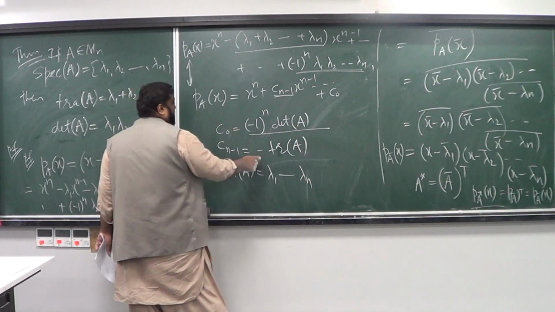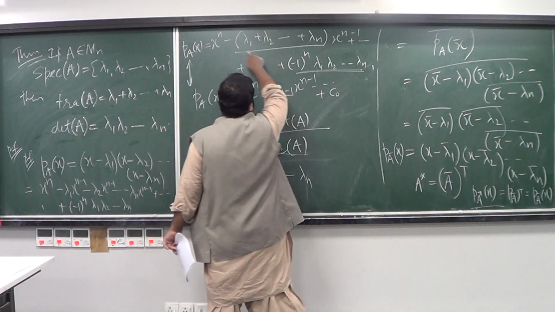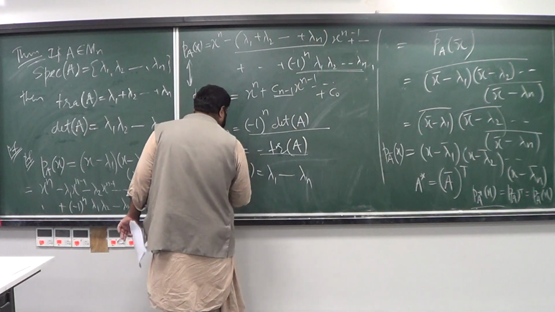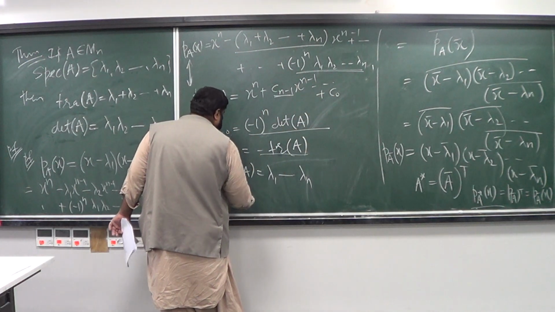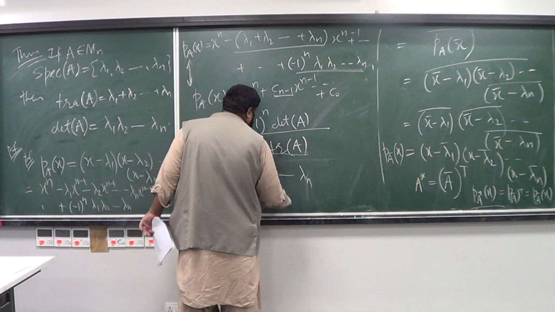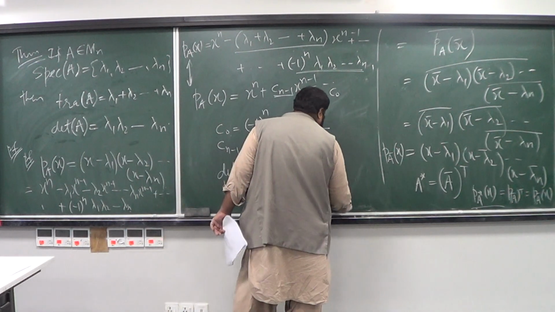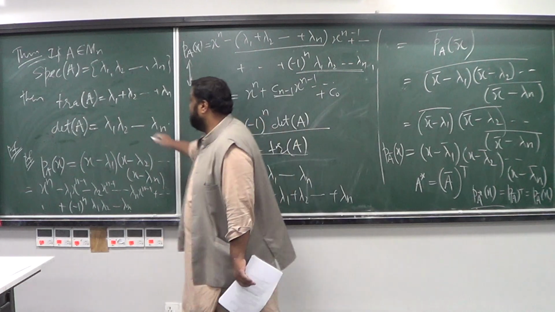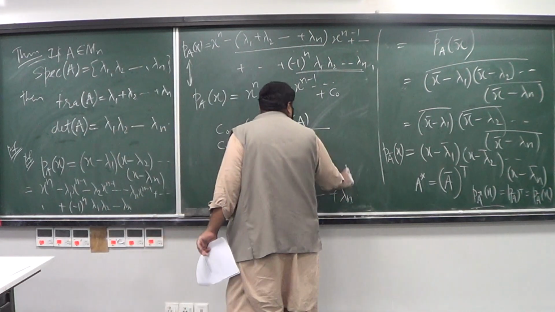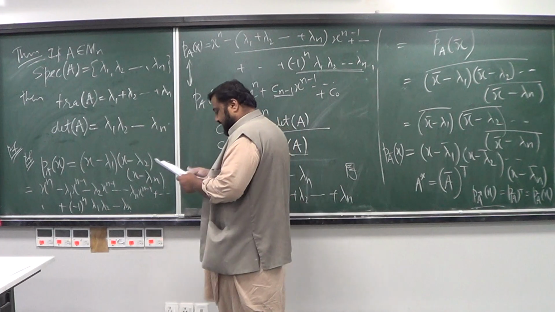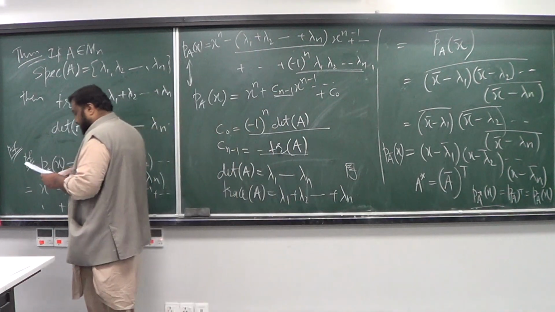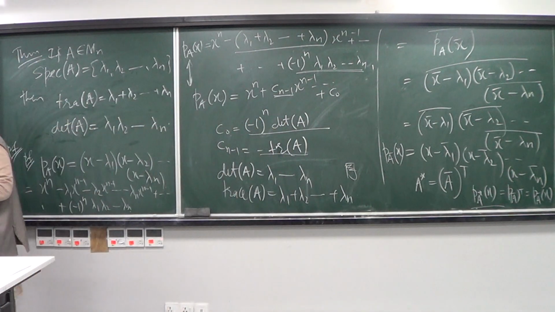And if I compare this term with this term, it means that the trace of the matrix A is really the sum of the eigenvalues. So this proves this interesting basic theorem.